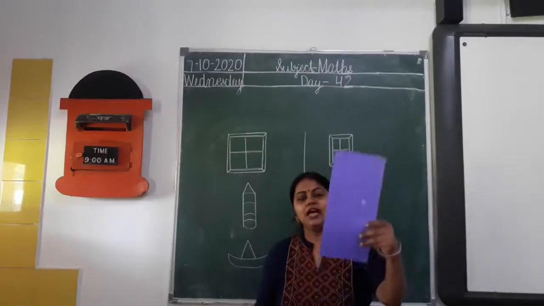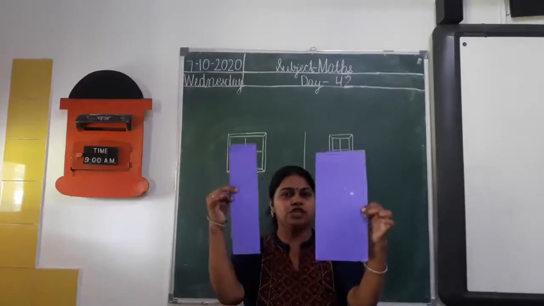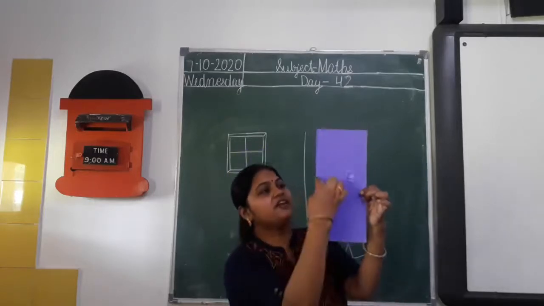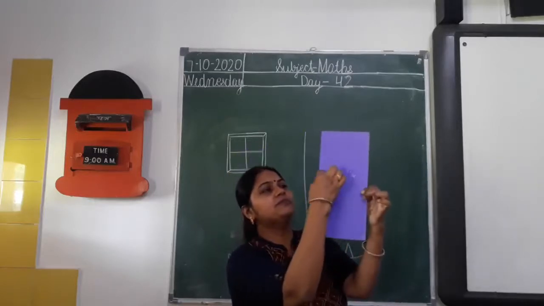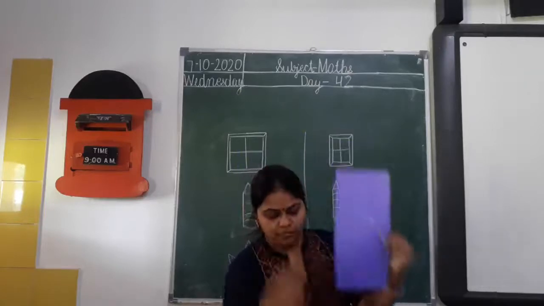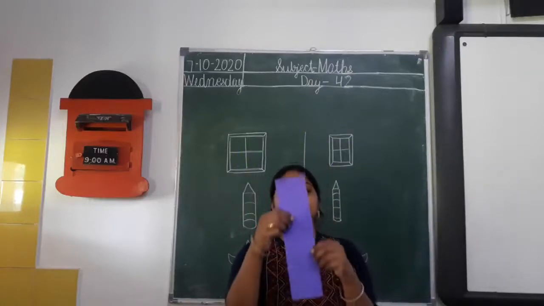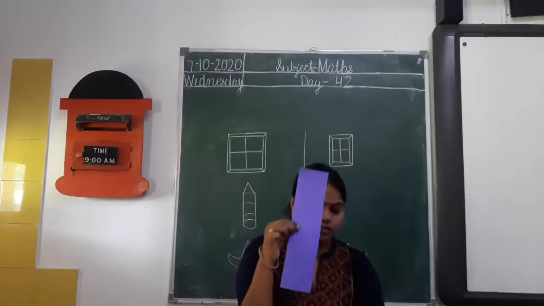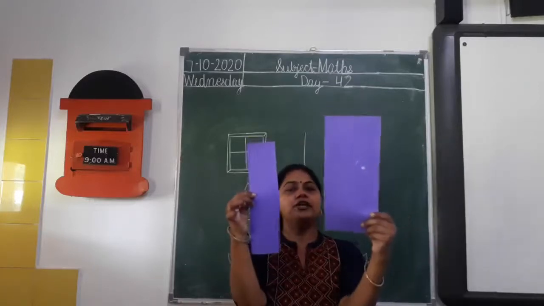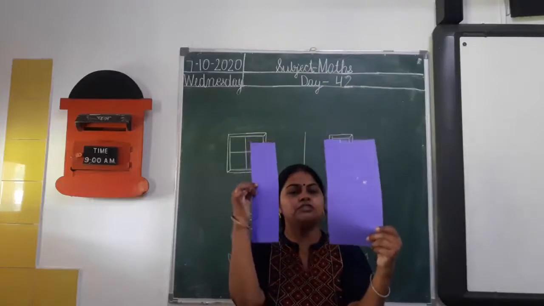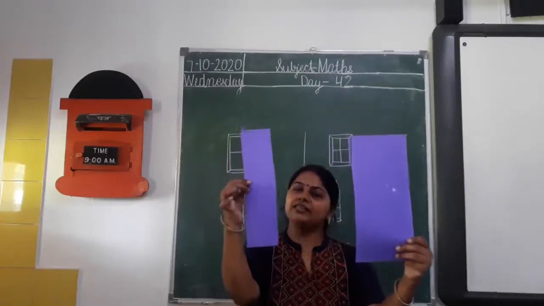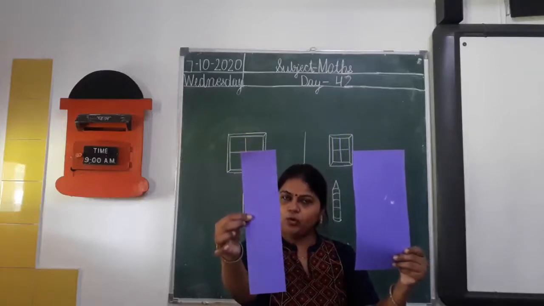For example, I want to show you these two sheets. Can you see the width of this paper? Now, see the width of this paper. Now do the comparison of the width of both the papers. This is wide and this is narrow.